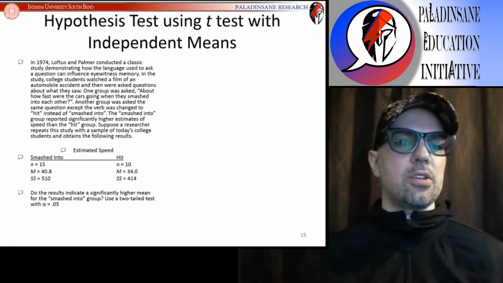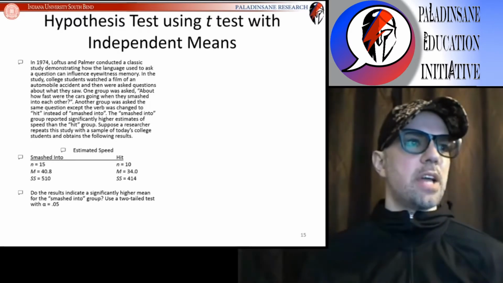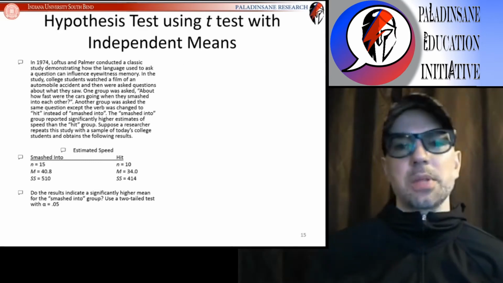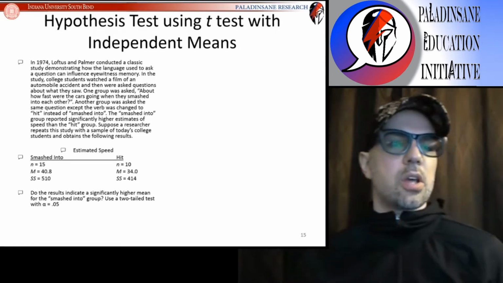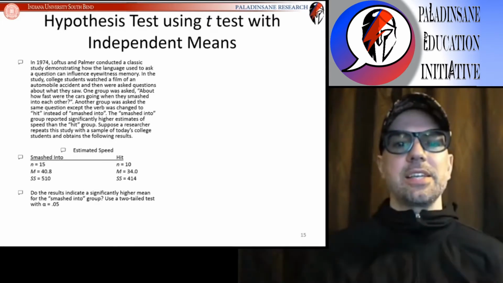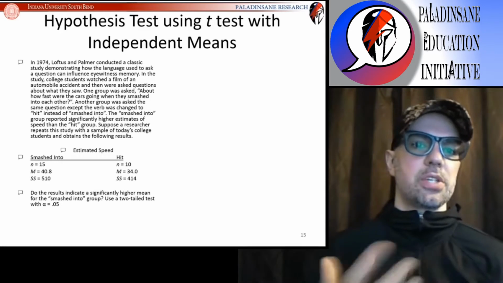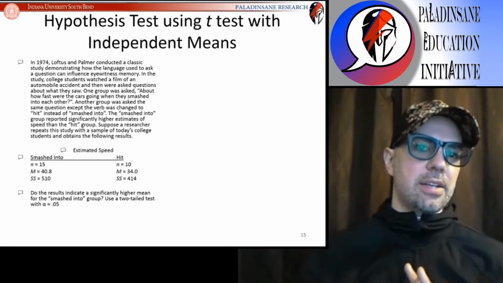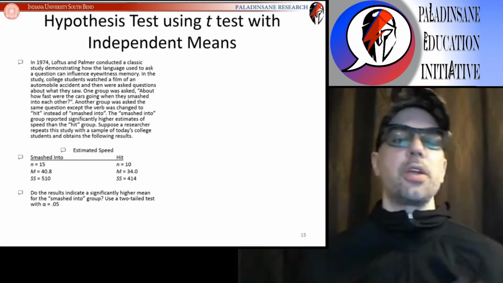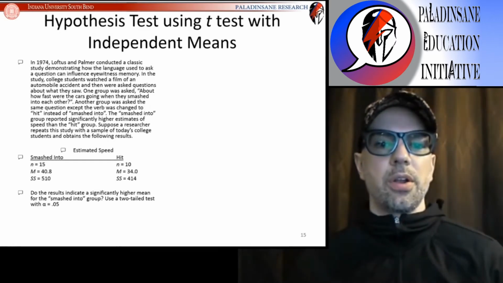So we're going to see, do the results indicate a significantly higher mean for the smashed into group? Use a two-tail test with an alpha of 0.05. Given the way they were asking, is it significantly higher? I would technically say we should use a one-tail test, but to simplify it and go with the original way the question was asked, we're going to do a two-tail test with an alpha of 0.05.